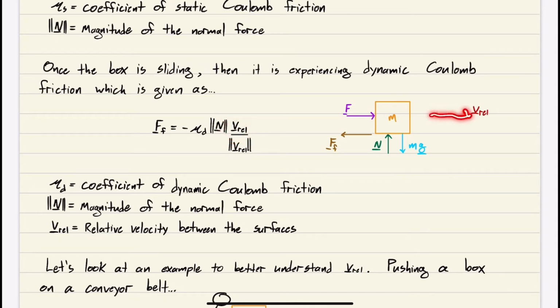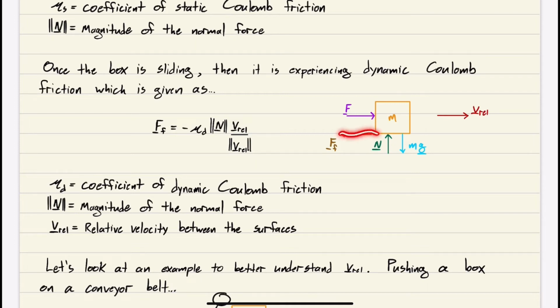So if v_rel is pointing to the right, then v_rel divided by the magnitude of v_rel is just a unit vector pointing in the direction of v_rel. This is a direction component. And you'll see we have a negative out front, so I think of that negative as being together with our direction component.